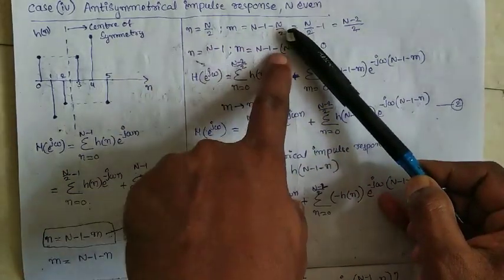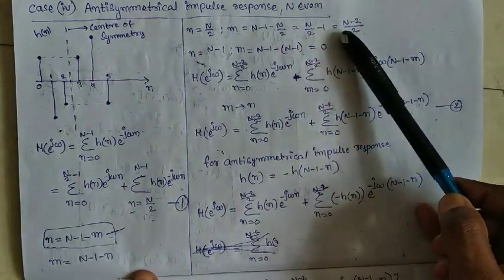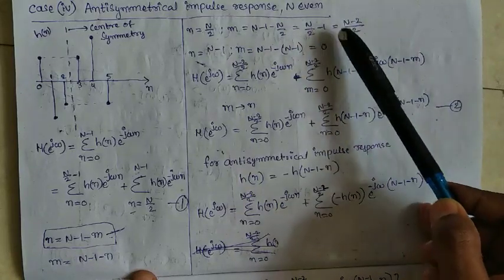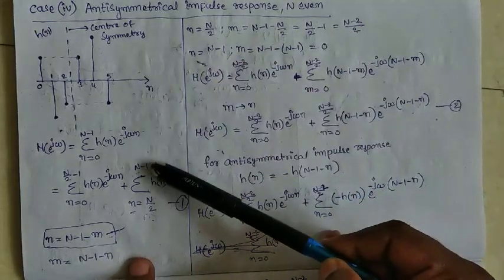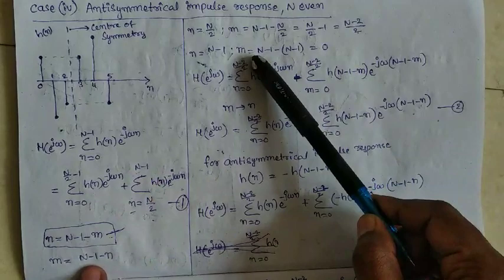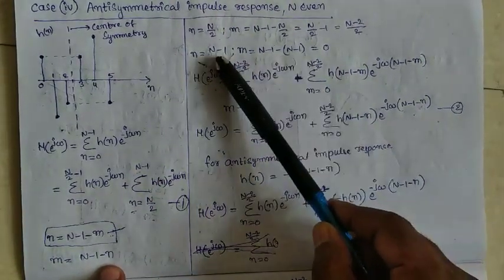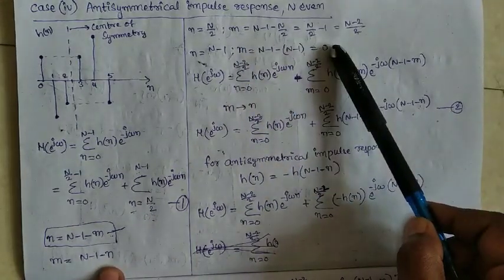Now we determine the m limits corresponding to the n values. For n equal to N by 2, m is equal to capital N minus 1 minus N by 2, that is N by 2 minus 1, which can be written as N minus 2 by 2, the LCM being 2. Similarly, for n equal to capital N minus 1, m is capital N minus 1 minus n, where n is capital N minus 1, so this gets cancelled and m is 0.